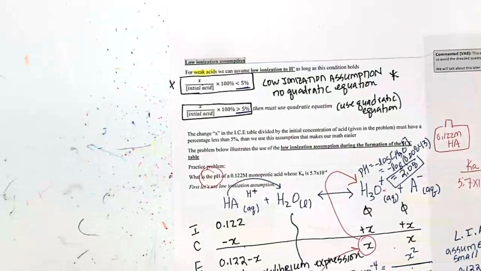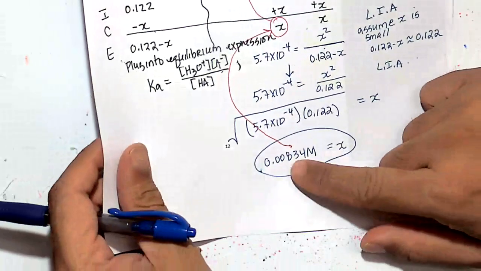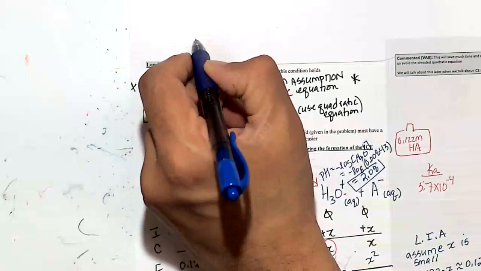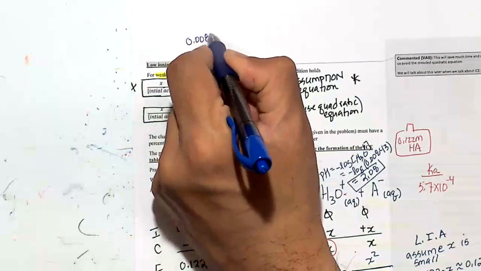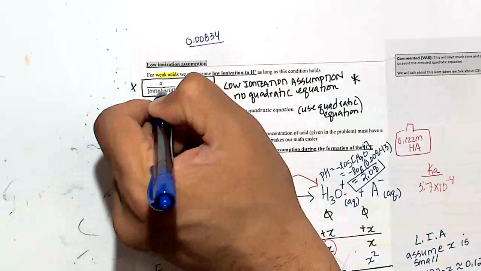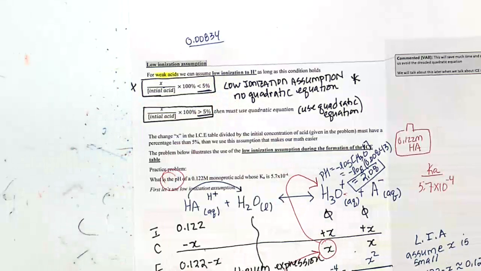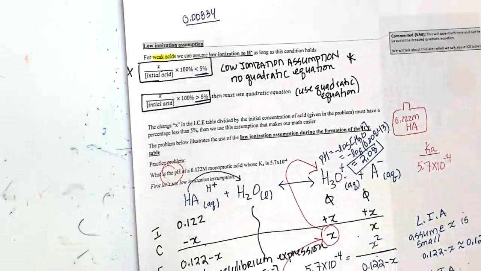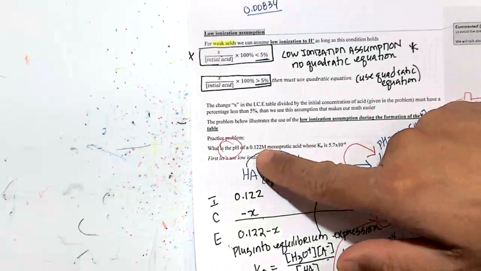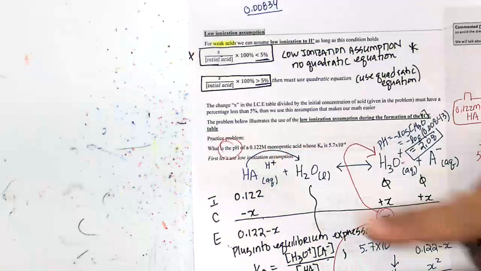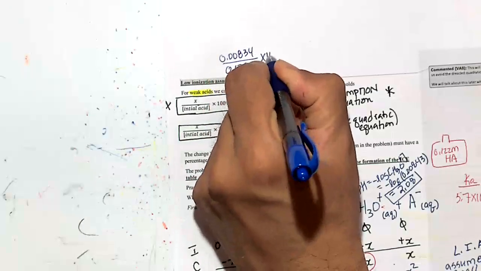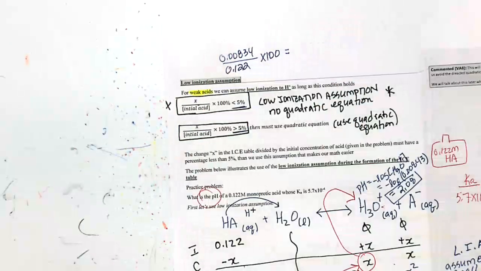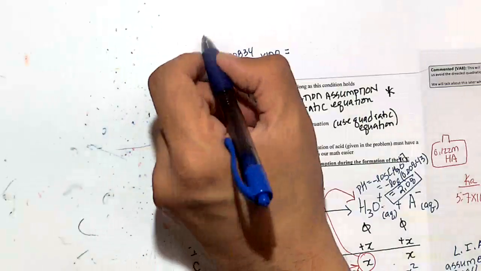What is our x that we just found? 0.00834. What is the concentration of the acid? 0.122. Times 100. We're looking for less than 5%.